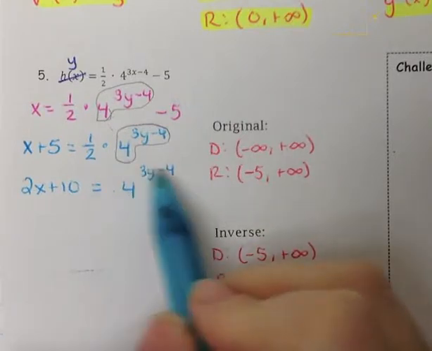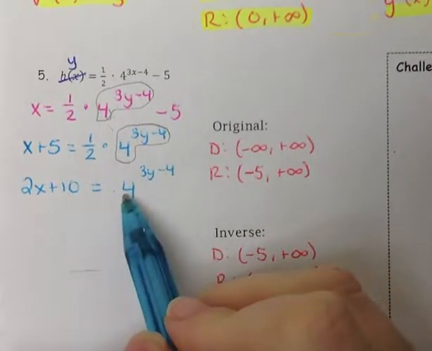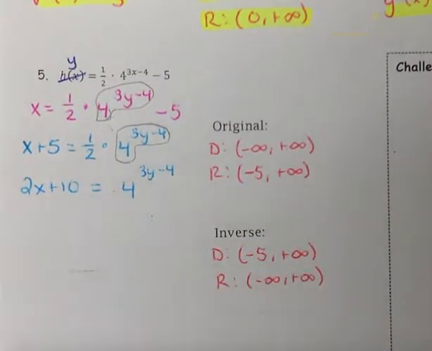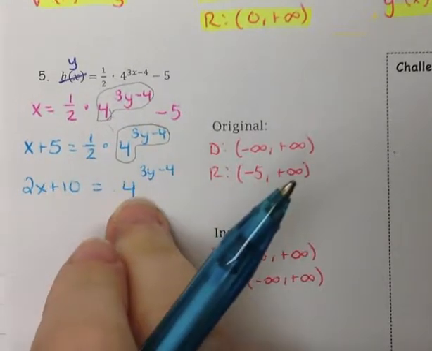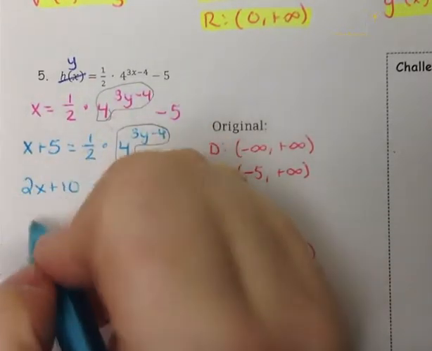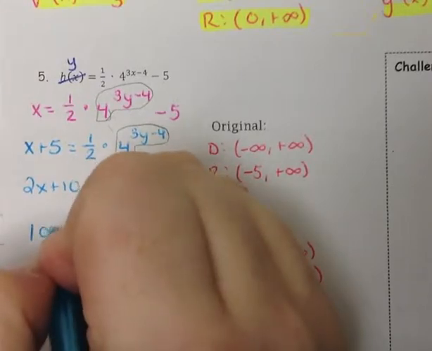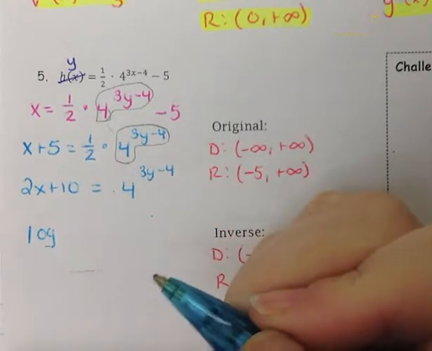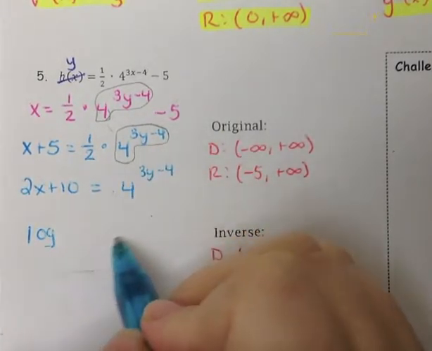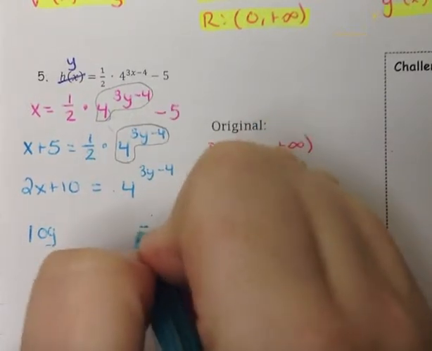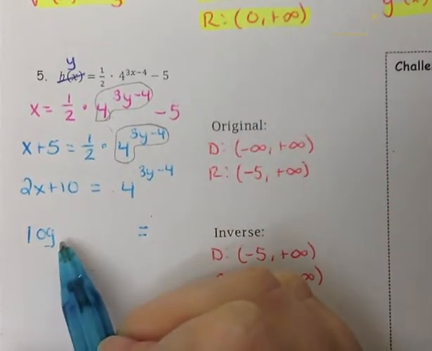Now that this 4 and its exponent are alone, we can now convert it to its other form. So it's exponential. The inverse form will be a logarithm. So we can go ahead and put the word log. We know there's going to be a base, there's extra stuff, and we're going to have an equals. So our base is always the base.